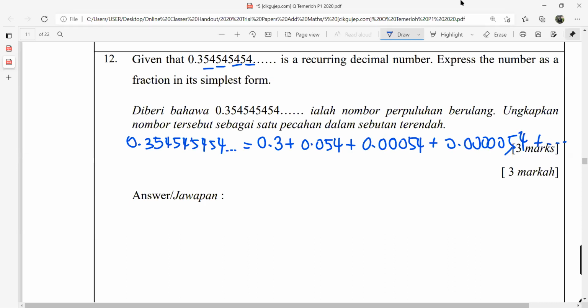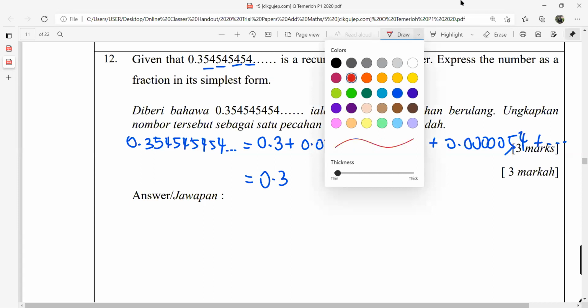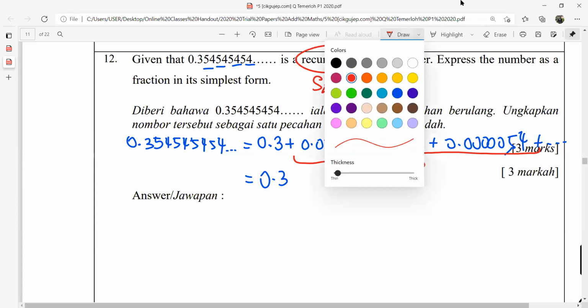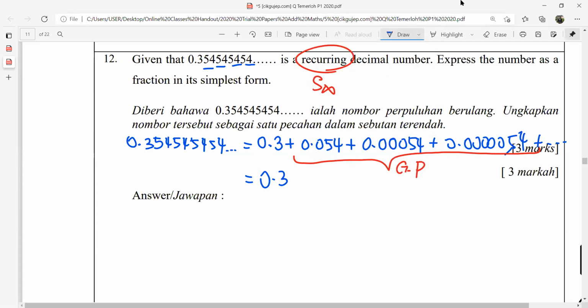I split in this way so that you can see it can be dissected into so many parts here. But the important thing is this one forms a GP. Do you realize that? Recurring is always related to sum to infinity. That's the clue. So that means confirm GP.